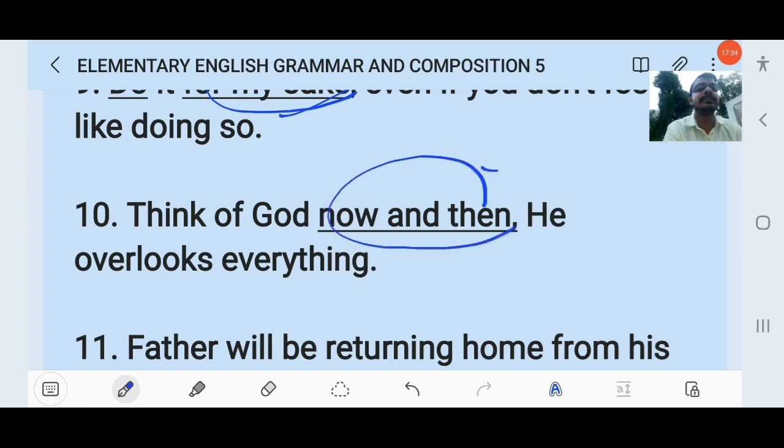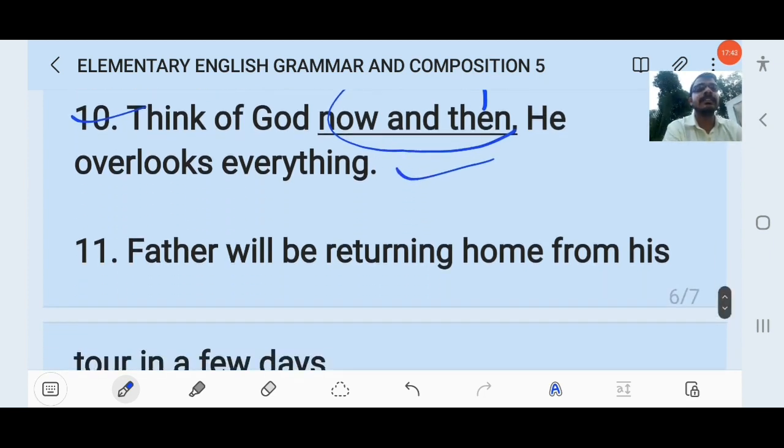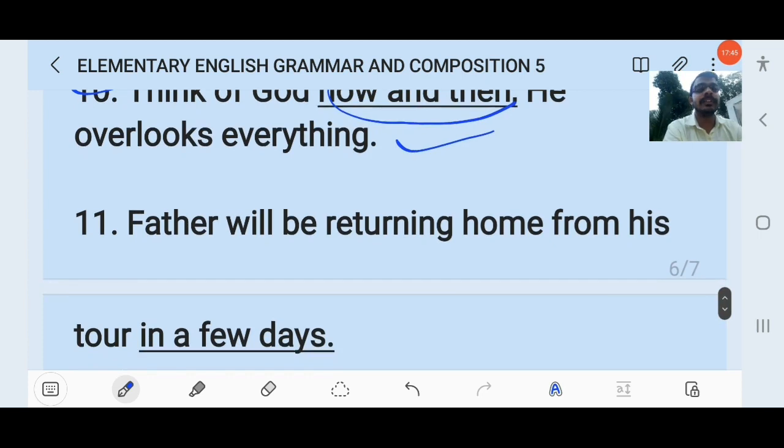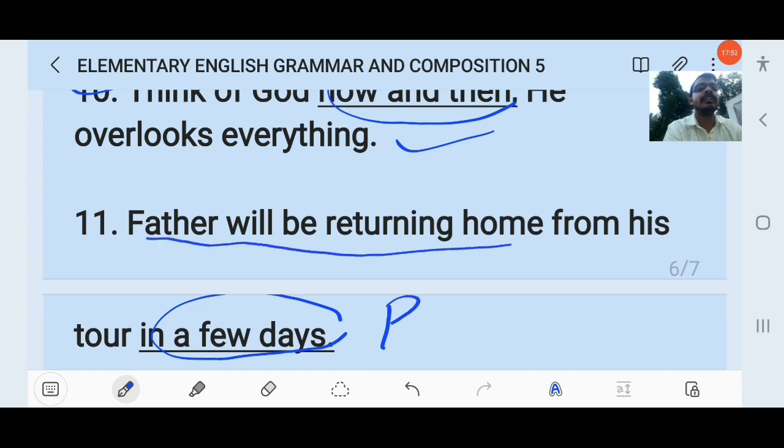So here now and then, this is a phrase. So here you can also form other sentences. Think of God now and then, he looks over everything. The next here, father will be returning home from his tour in a few days. So here in a few days, this is a phrase, but when we add father will be returning home from his tour, it makes a complete sentence.